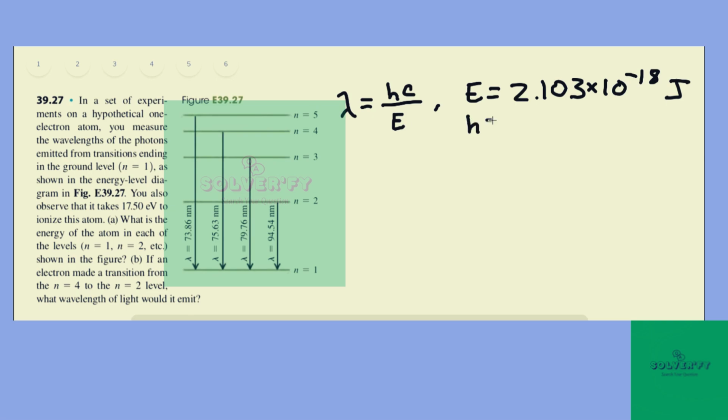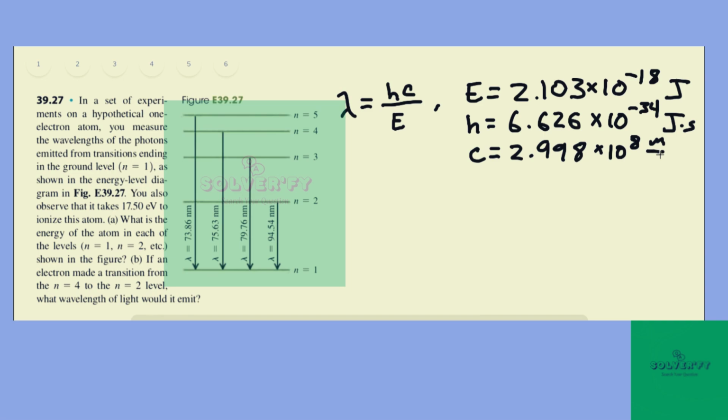And we know that h is 6.626 times 10 to the negative 34 joule seconds, and c is equal to 2.998 times 10 to the 8 meters per second. So we just type this all into a calculator: 6.626 times 10 to the negative 34 times 2.998 times 10 to the 8 divided by 2.103 times 10 to the negative 18.